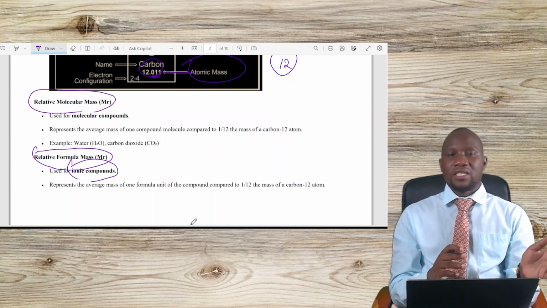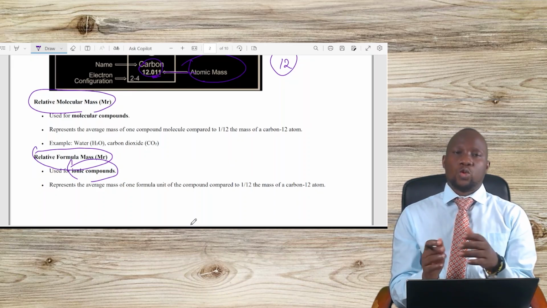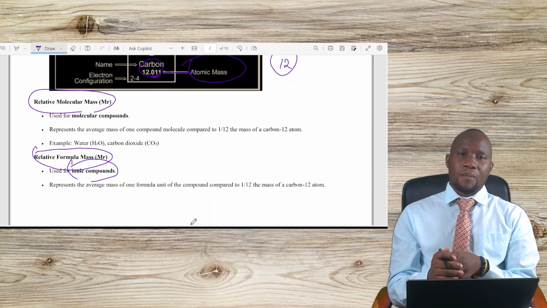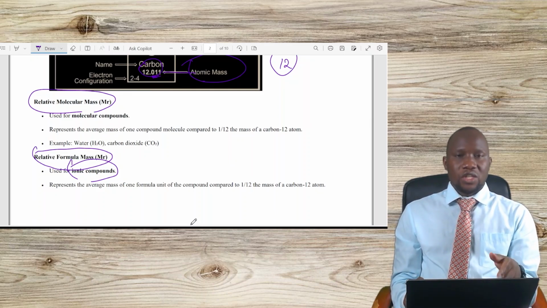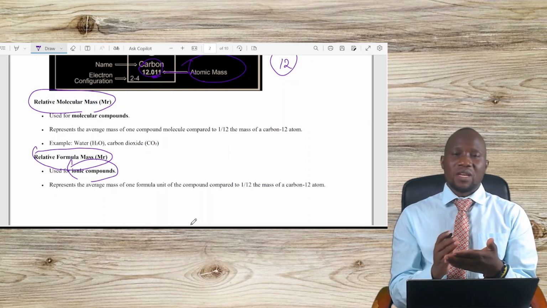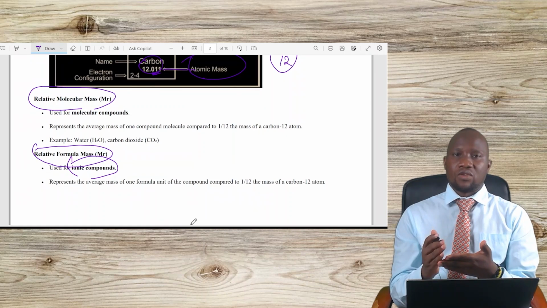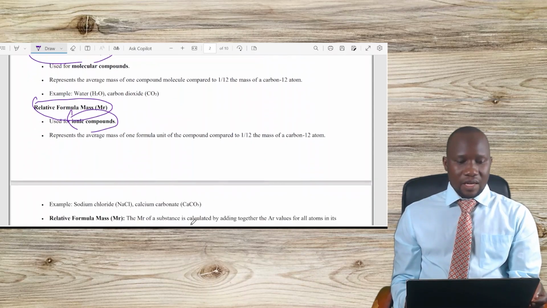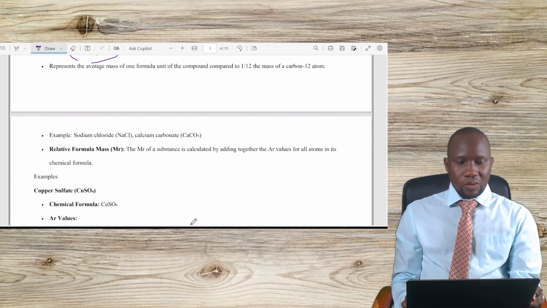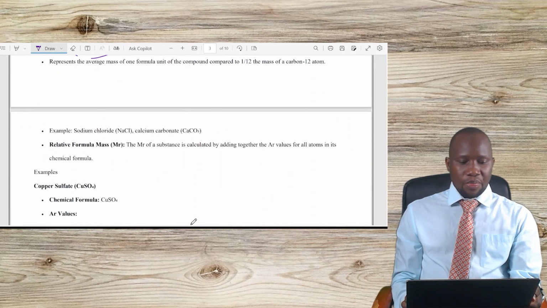We are comparing the mass of that compound to one twelfth the mass of carbon-12. So the calculation for both is just to add the atomic masses of the different atoms that make up that compound. That's the calculation there. So let's look at some examples here.